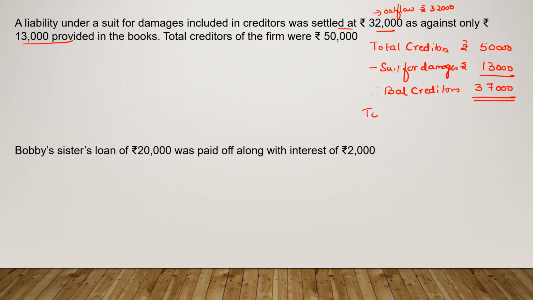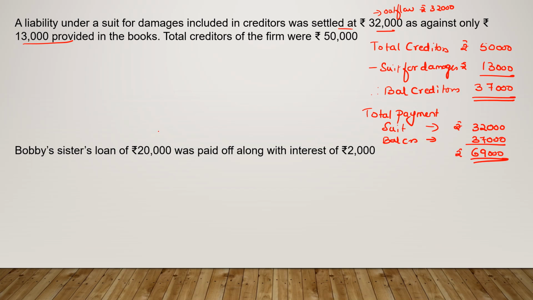Therefore, for the suit you are going to pay rupees 32,000 as against the provision of 13,000. And for the balance creditors, we will take the 37,000. They have paid 37,000. So totally 69,000 should be the amount of creditors that is paid.